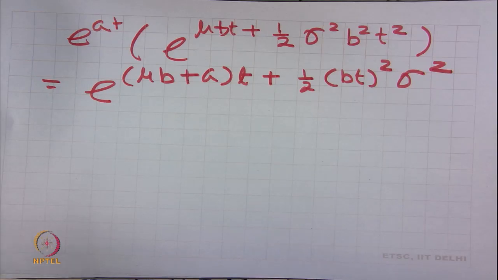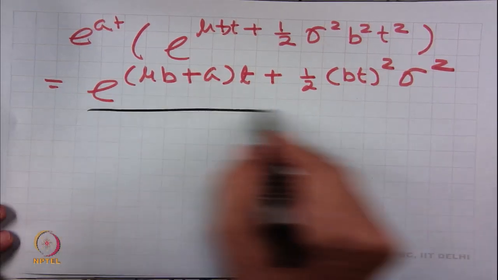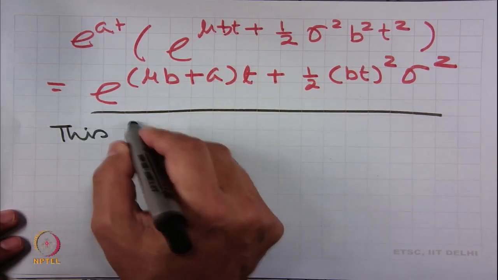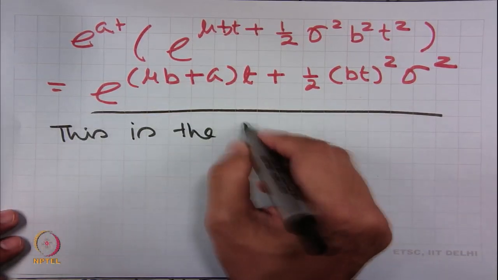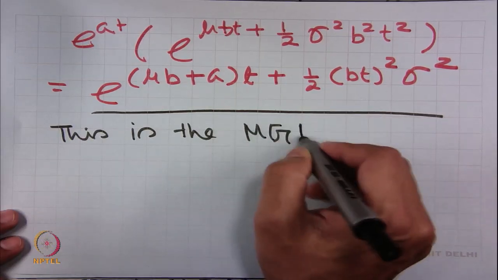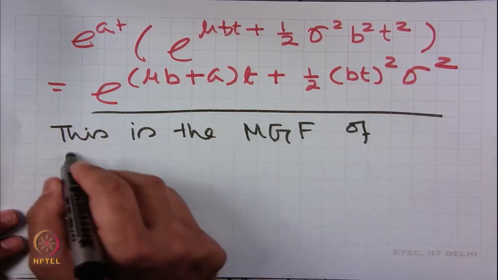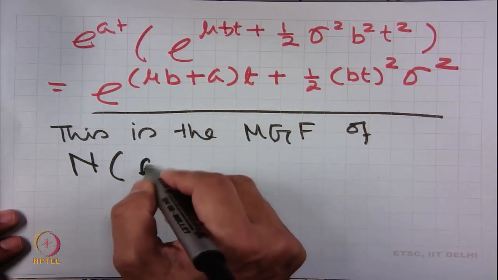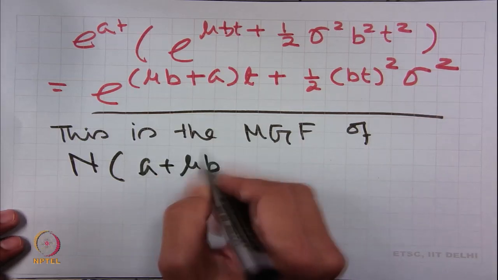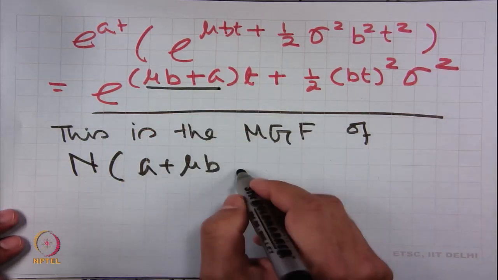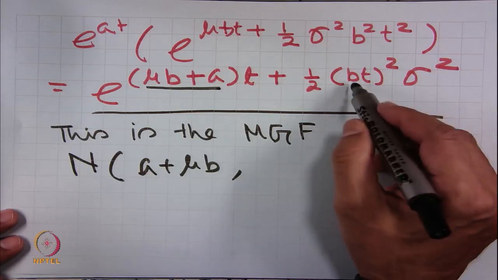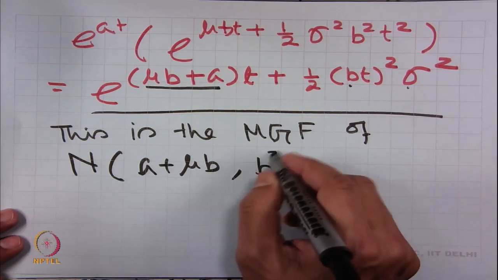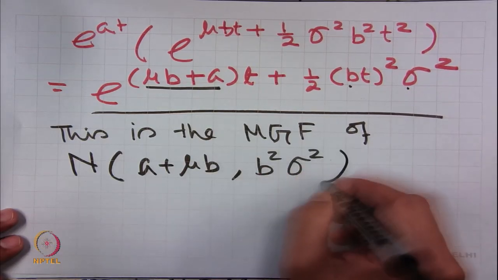Now, we know that this is the MGF of a normal variable with mean equal to a plus mu b and variance equal to b square sigma square.